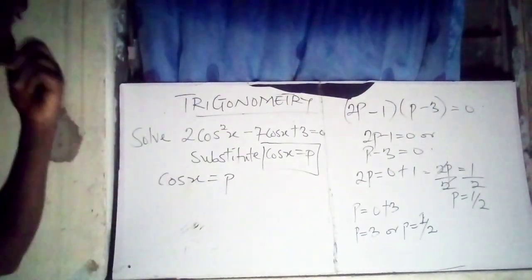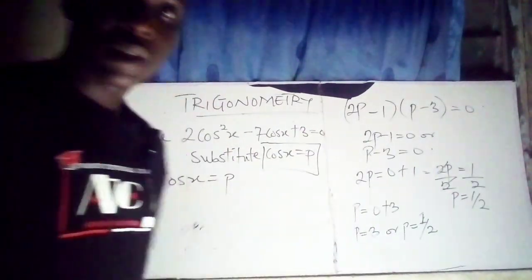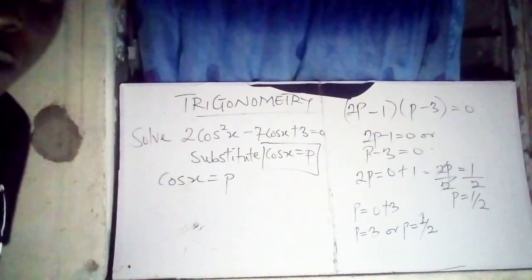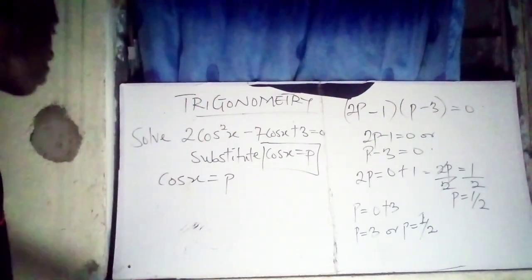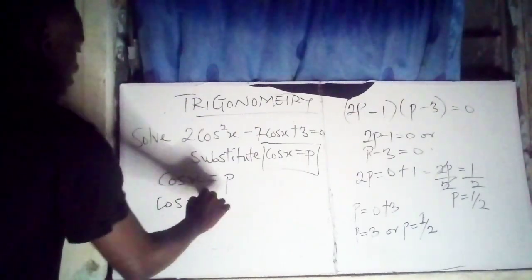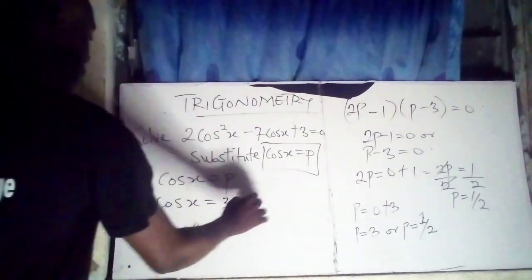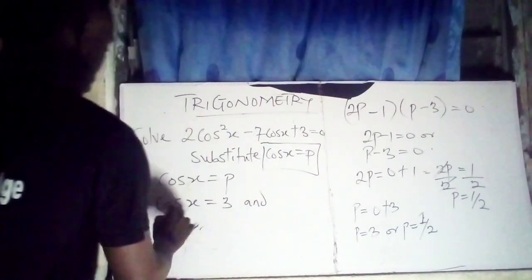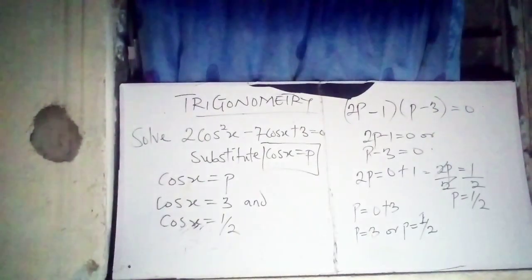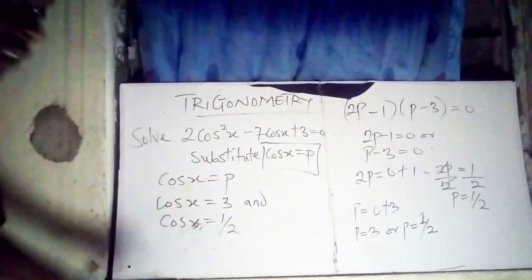Now to look for the value of x, remember we got two values of p. One is p equals 3, while the other is p equals 1 over 2. That's half, right? So when I put it here, cos x for the first one is equal to 3, and cos x for the second one is equal to 1 over 2. Now, if I'm to work with these two values, I will work with the second one.